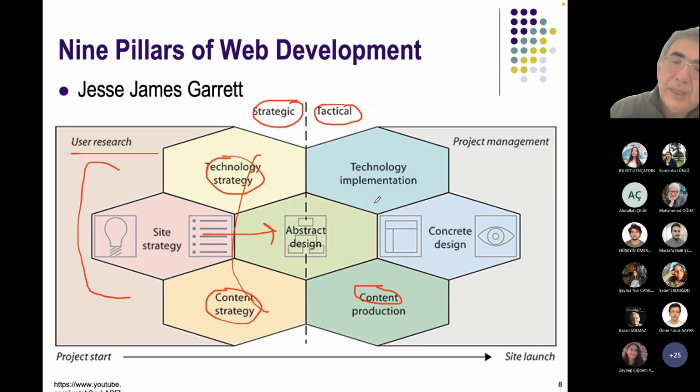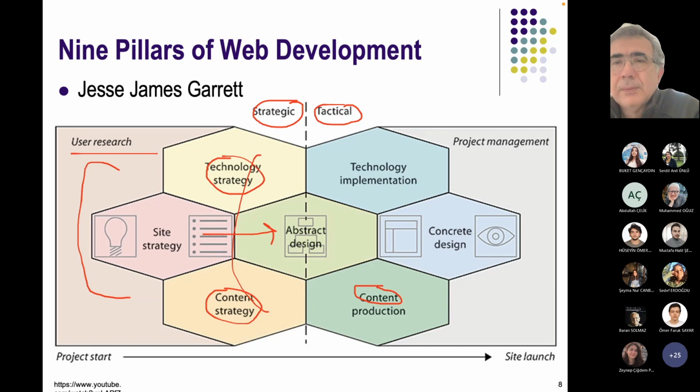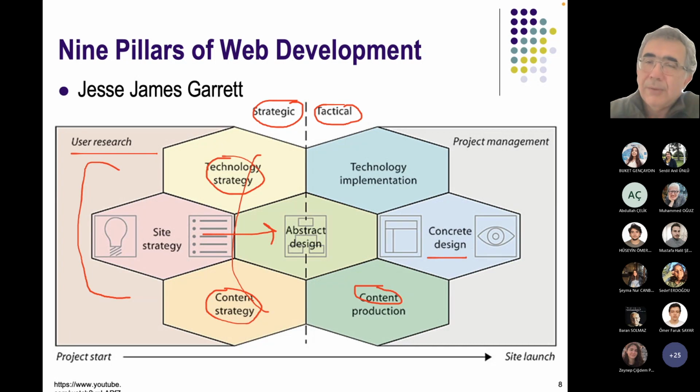Then both technology and content production allow you to end up with the concrete design, and that concrete design finishes up the web page. That will be covered from the beginning to the end using the project management part, which is this part.